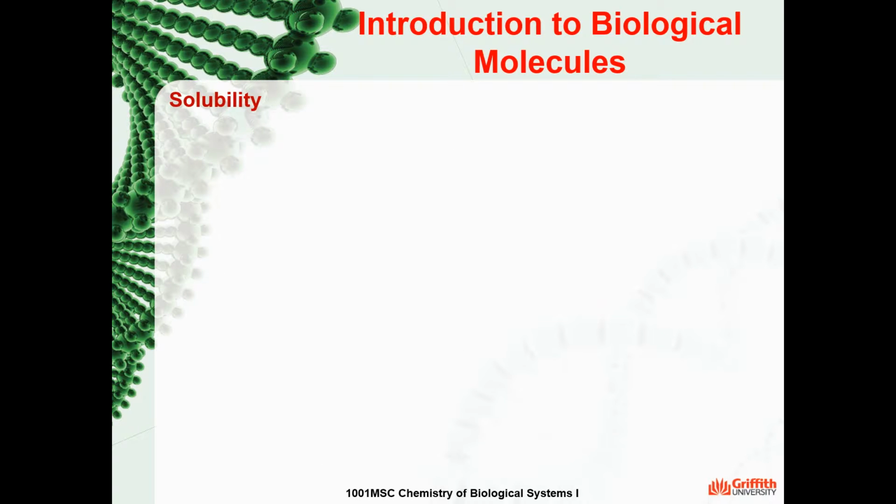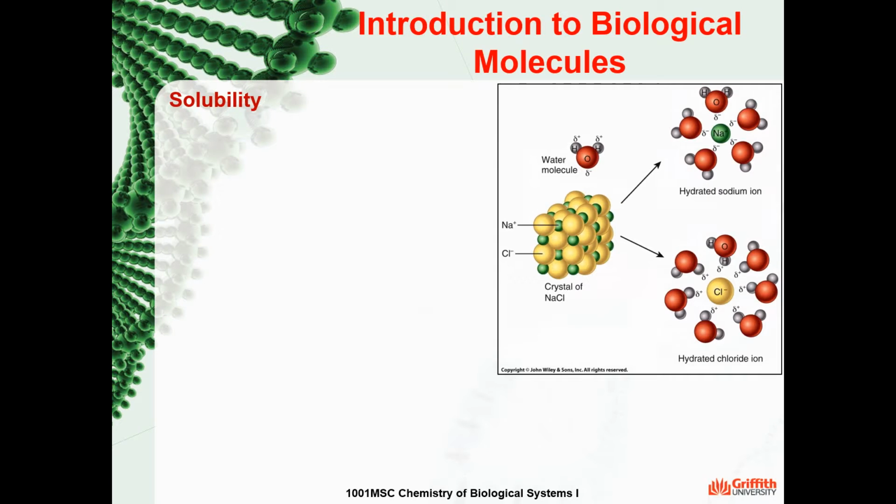After we talked about the terms related to solubility, let's go back to our example and discuss how we can dissolve the salt in water. We know that sodium chloride is an ionic compound, so sodium has a positive charge and chloride has a negative charge. We also know that water is a polar molecule.